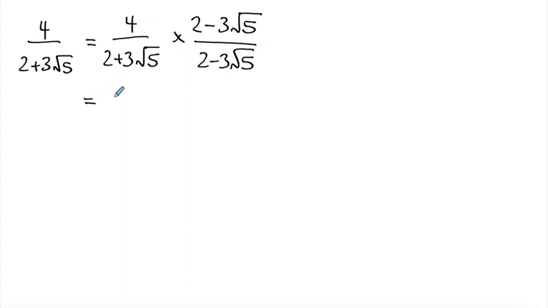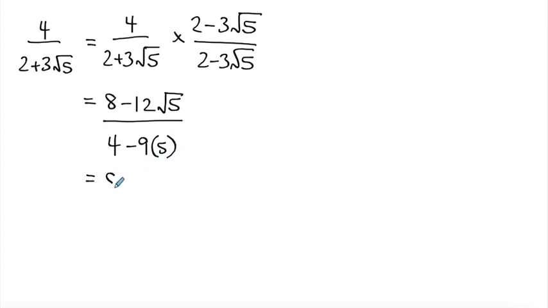Four times 2 is 8. 4 times negative 3 is negative 12, and then we have our root 5 at the end. 2 times 2 is 4, minus 3 times 3 is 9, and root 5 times root 5 is positive 5.